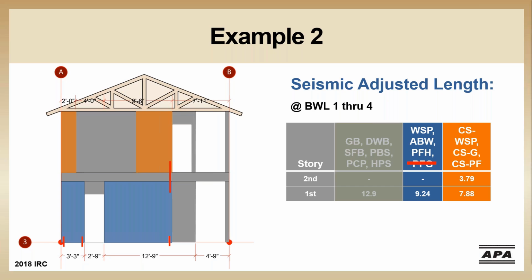If we reduce the wall layout to our minimum length required, it would look like this. Because we again do not have braced wall panels at the right hand end of the wall, nor those 2-foot return walls, we need to add hold downs at the end of the first braced wall panel.